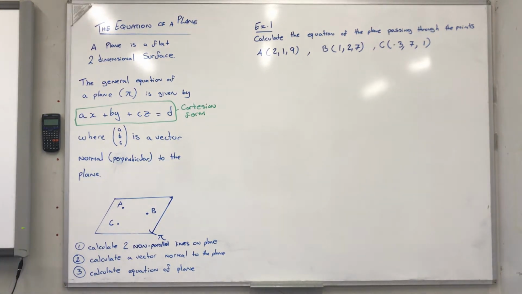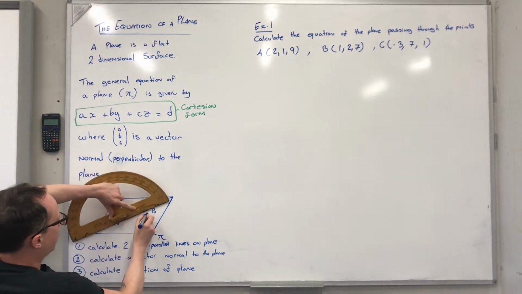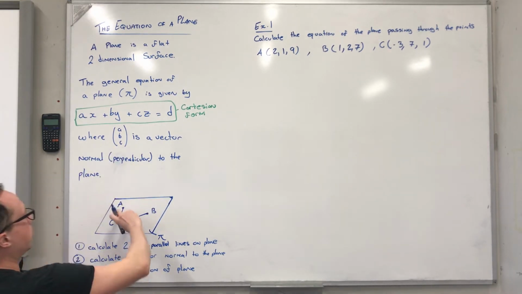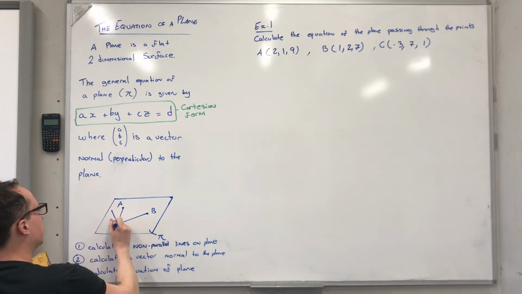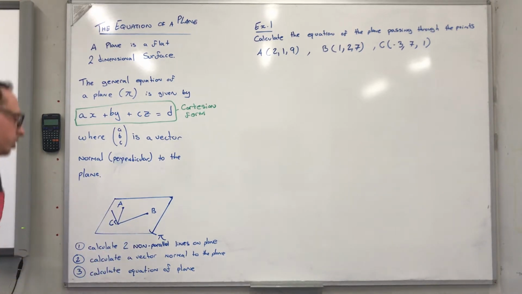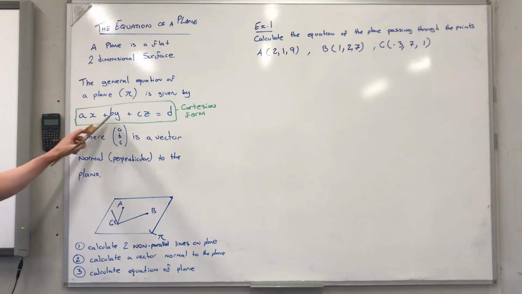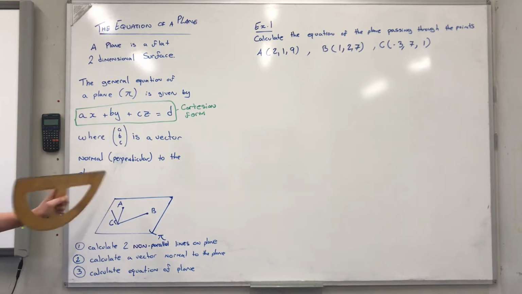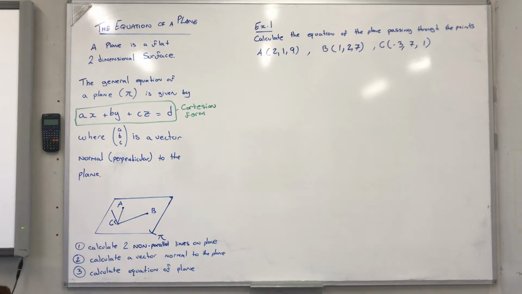We know how to do that because of what we've learned already about cross product, because that will allow us to find a vector perpendicular to both of these, which is going to be a vector normal to the plane, and then from that we can just substitute the normal vector into a, b and c, and using another point on the plane, we can calculate the equation of the plane.